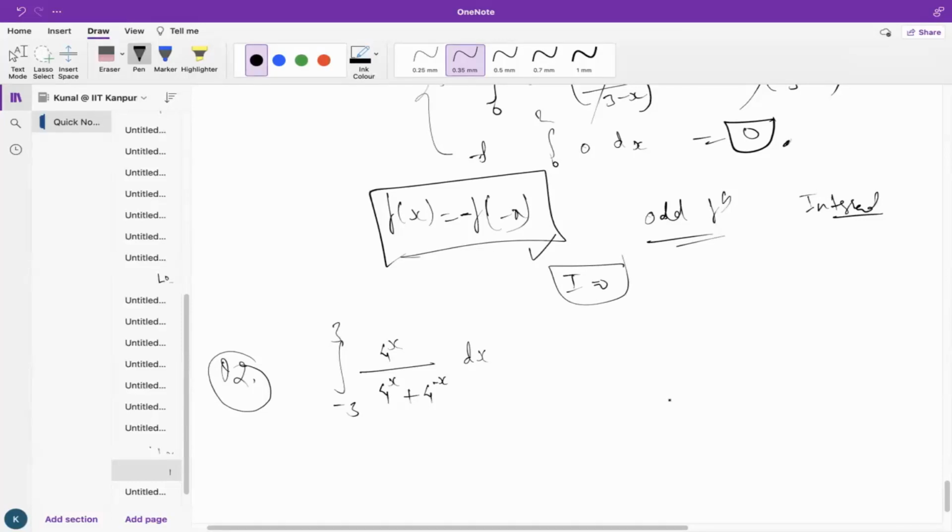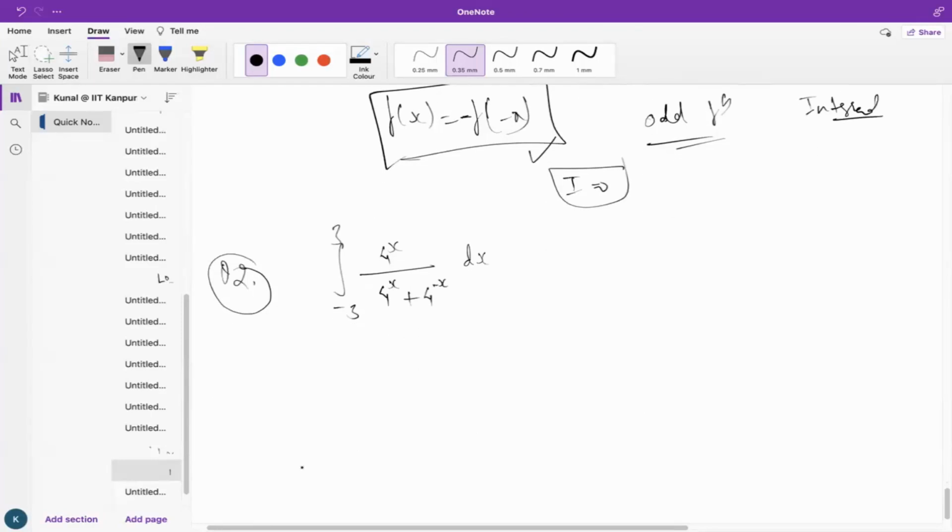So let's apply it here. First you have to check. पहले check कर लेते हैं कि function odd है या even है. So our f(x) is equal to 4 to the power x by 4 to the power x plus 4 to the power minus x. क्या सीखा हमने? अगर फंक्शन ऑड आ जाता है so directly write the integral value is 0. f of minus x निकालते हैं.